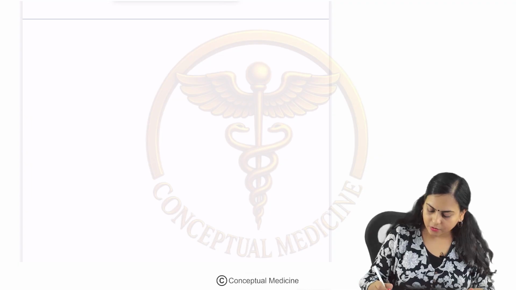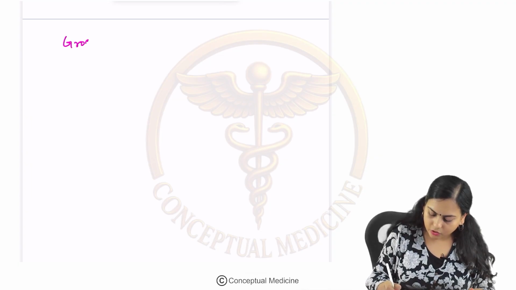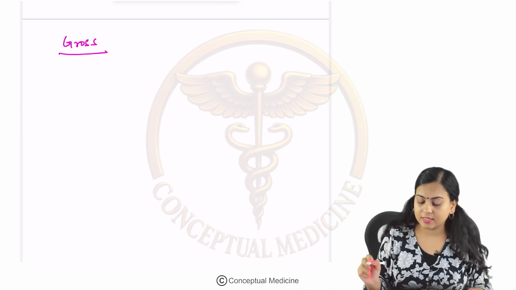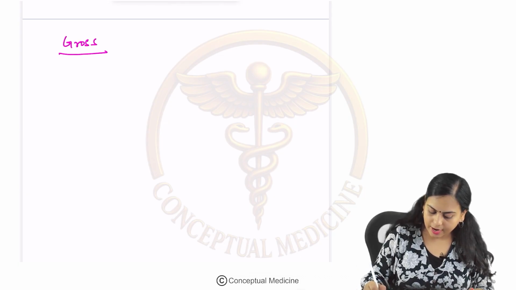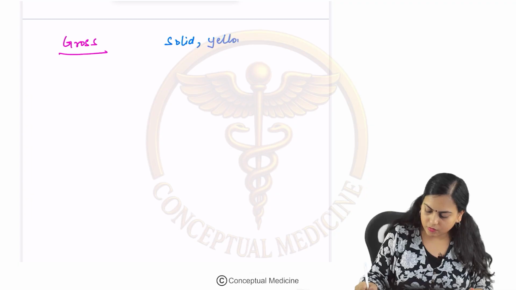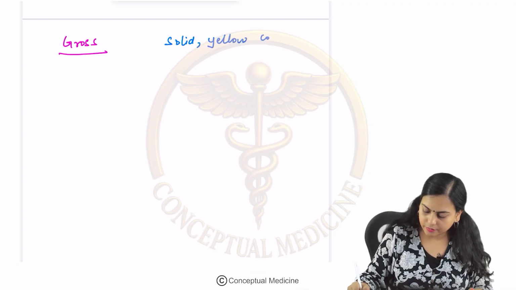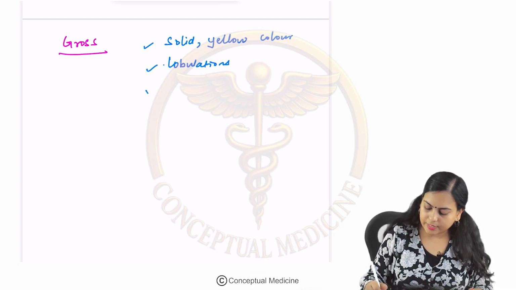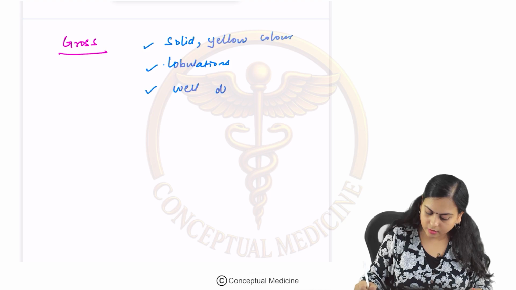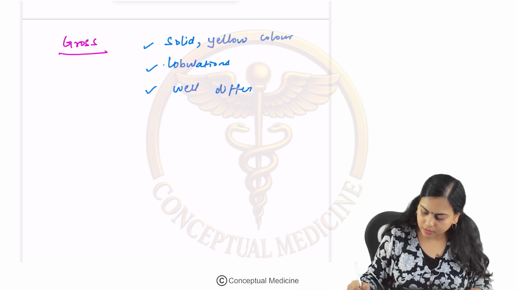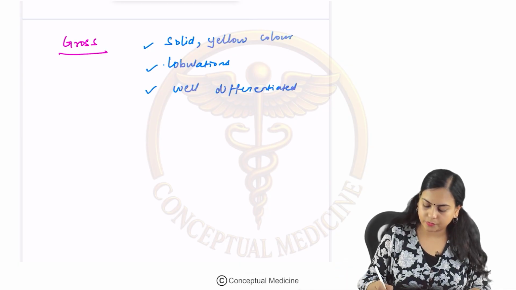Right. Now, when you see the gross appearance of these tumors, it will have solid yellow color and there will be lobulations. They are well differentiated tumors only, okay, they are clinically benign also.